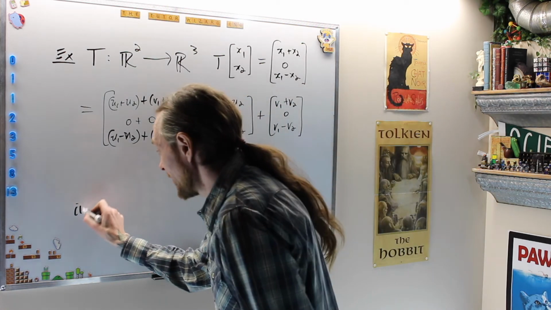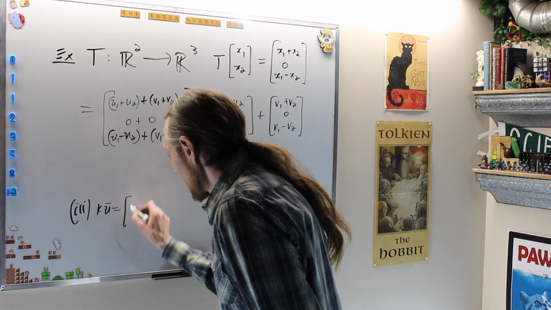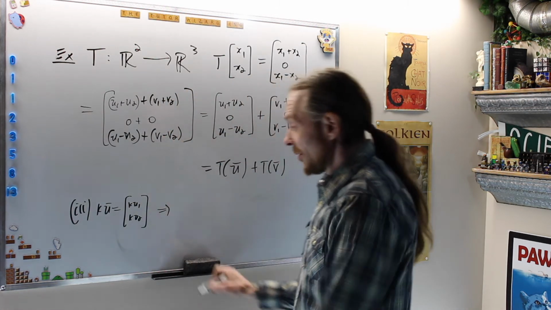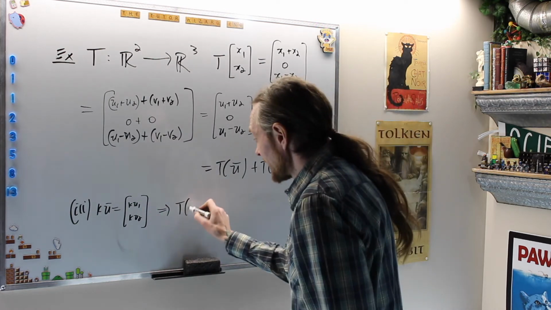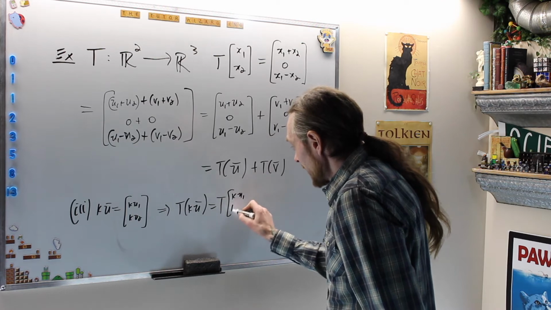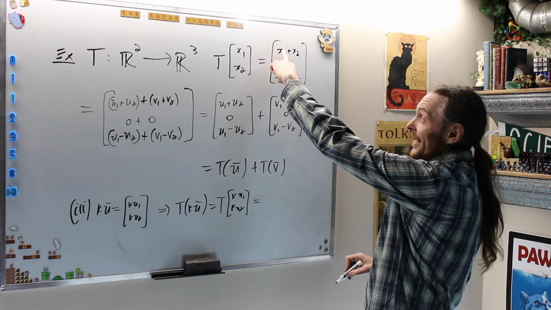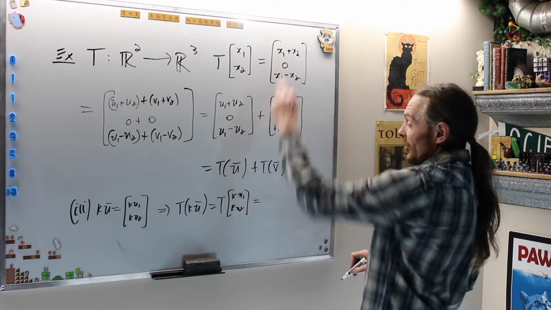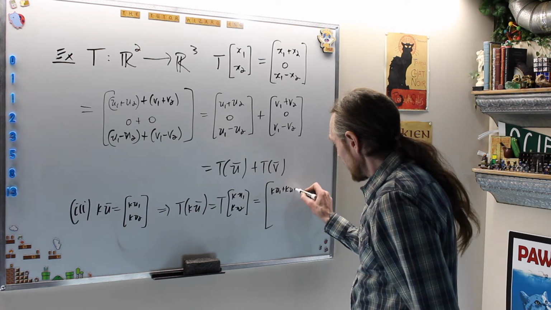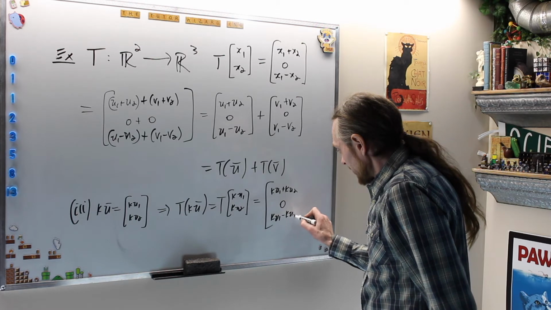The third condition, I'll rewrite it again. k times u is (ku1, ku2). So now I'm going to apply T to that. That says T of ku has to equal T of (ku1, ku2). What does T do to a vector? This. So it sends the first coordinate plus the second coordinate: (ku1 plus ku2, 0, ku1 minus ku2).